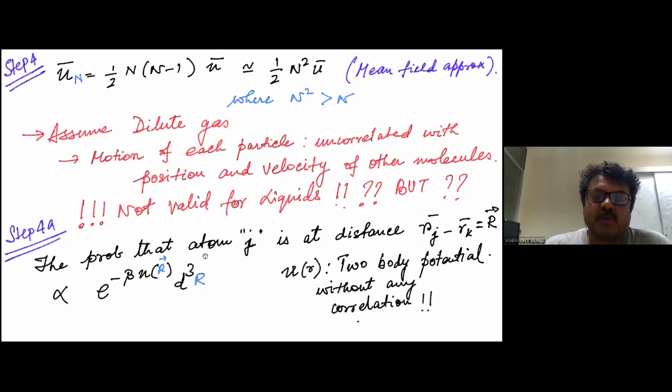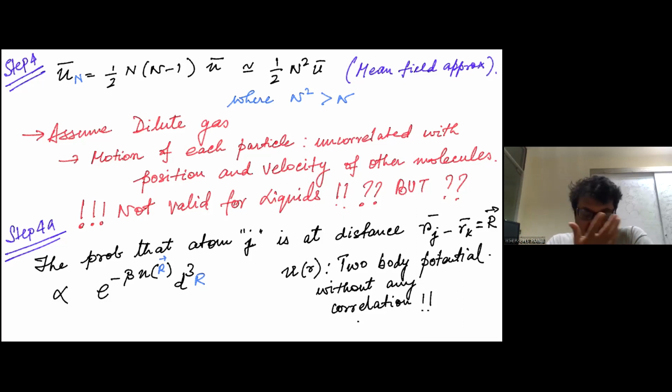And we are assuming that the probability that atom J is at a distance R from the kth particle depends only upon the pair of particles, the pairwise interaction between this J and kth particle. So we are ignoring three-particle interaction. Because if particle J has K and some other particle near it, then J would be interacting with both, and even K will be interacting with the third particle.